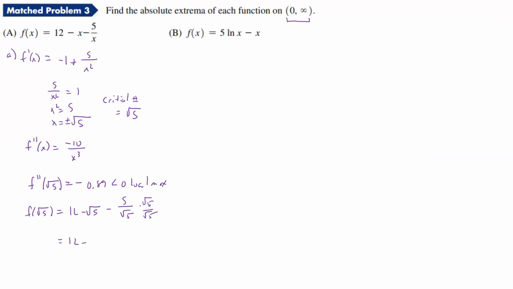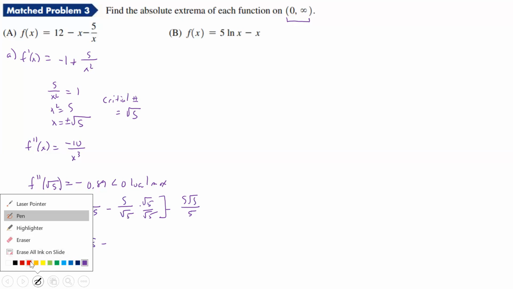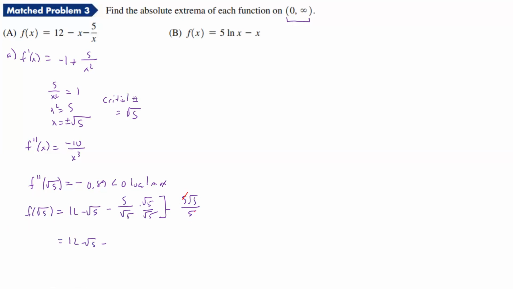So that gives us 12 minus the square root of 5 minus, and now we have 5 square root of 5 over 5. Well, 5 over 5, those cancel. And so this then just becomes square root of 5.